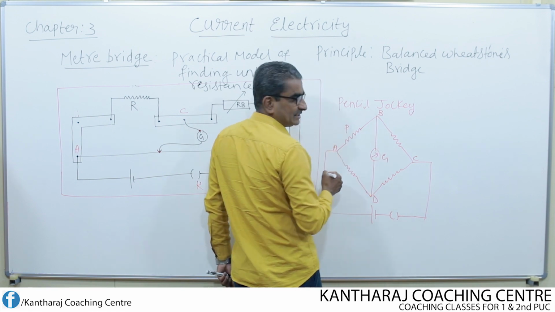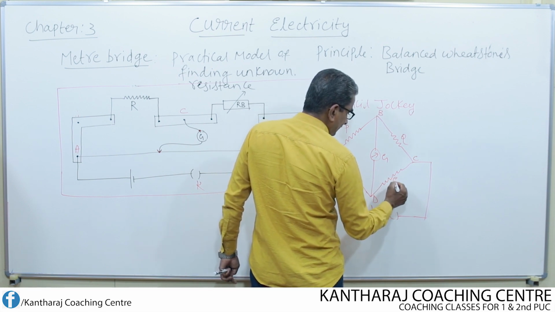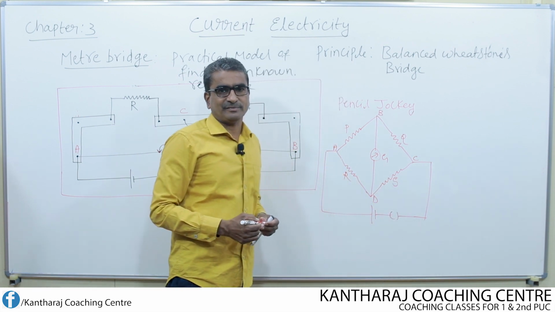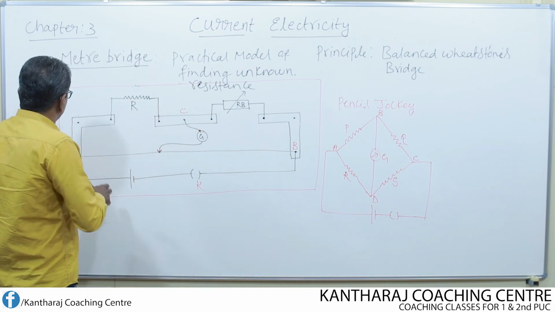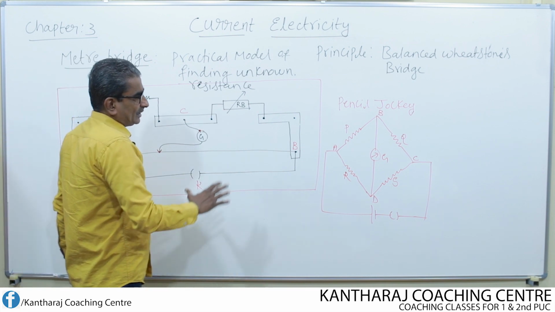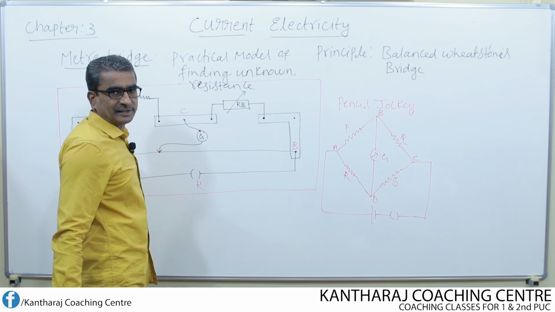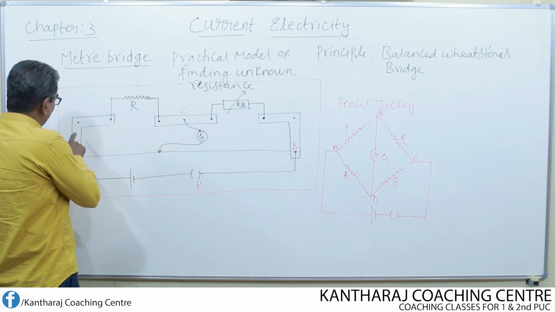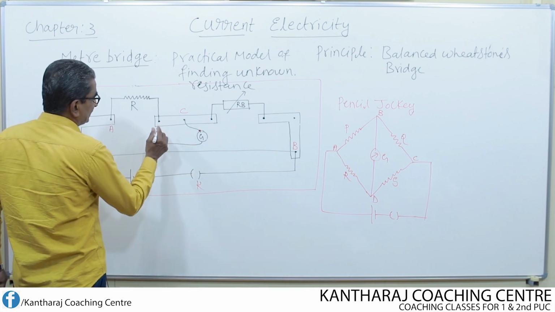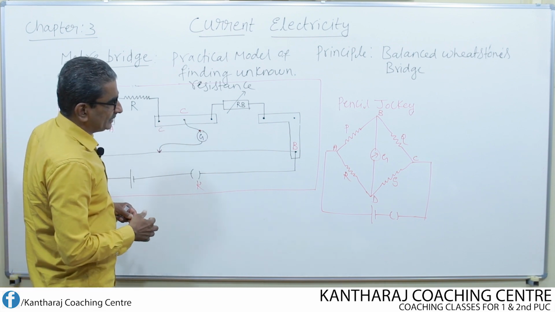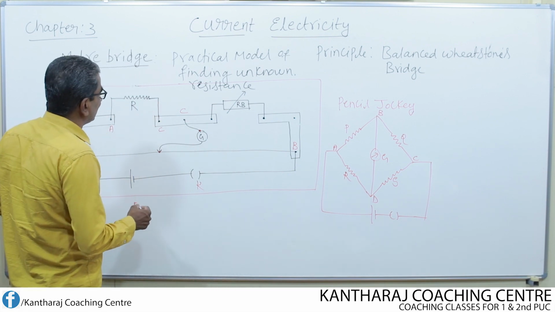This resistance is considered as P and this as Q, and this will be R, and finally this will be the resistance S. Now look here, let us try to compare this Wheatstone's bridge circuit with this meter bridge circuit. If this is A, this is also A, and if this is C, this is also nothing but C. Or else I can also consider like this.